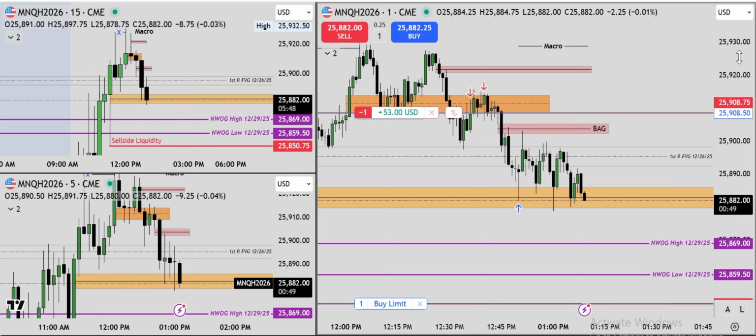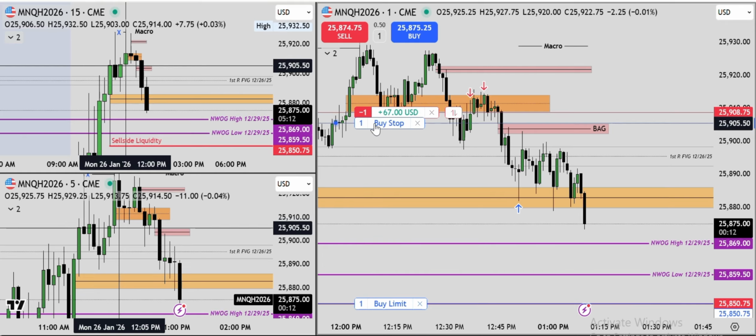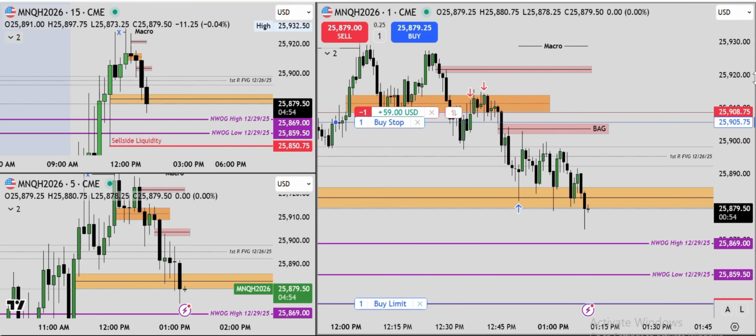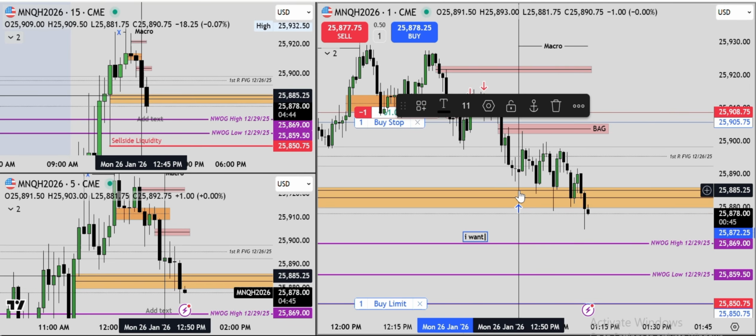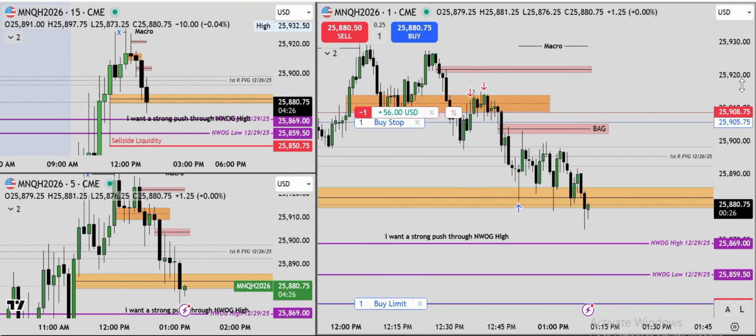So at this point, I'm almost certain that we're reaching that terminus, but you'll see that price moves against me right here. I'm like, oh yeah, perfect. So I move my buy stop up to the top of that breakaway gap. I'm almost certain that price won't reach back to that breakaway gap.